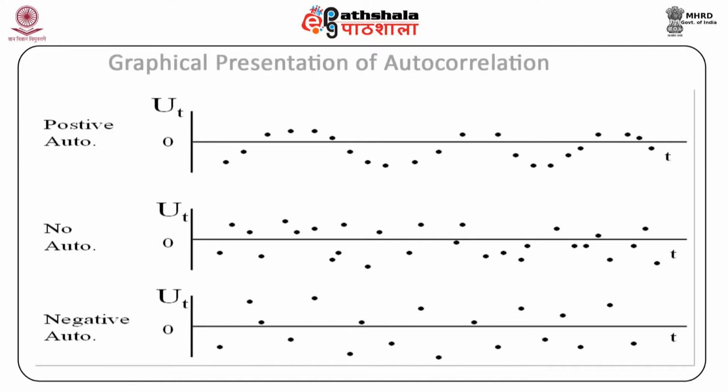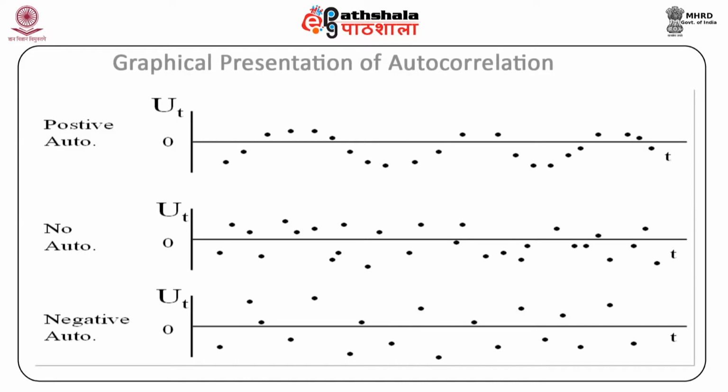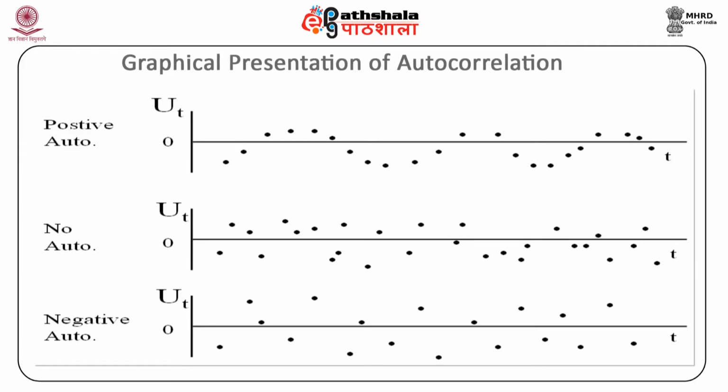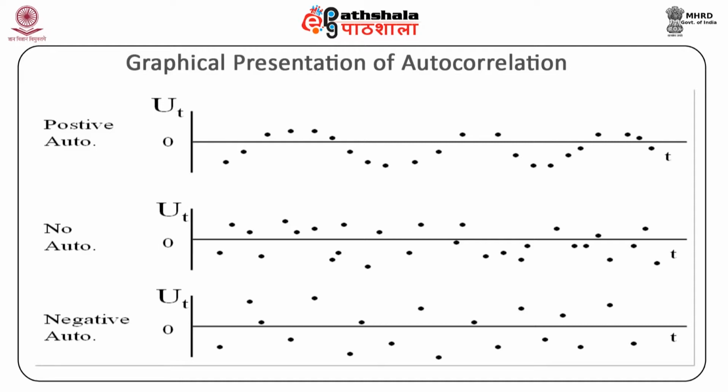In the graphs, you will find that panel 1 shows that a positive residual is followed by a positive residual, and a negative residual is followed by a negative residual, which is the case of positive autocorrelation.